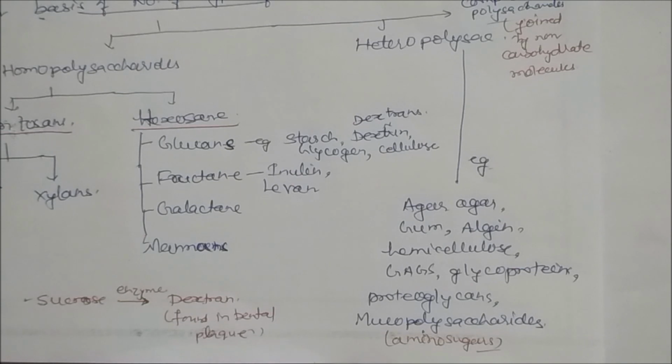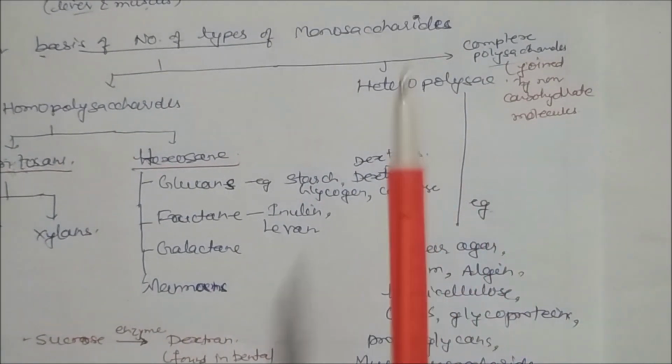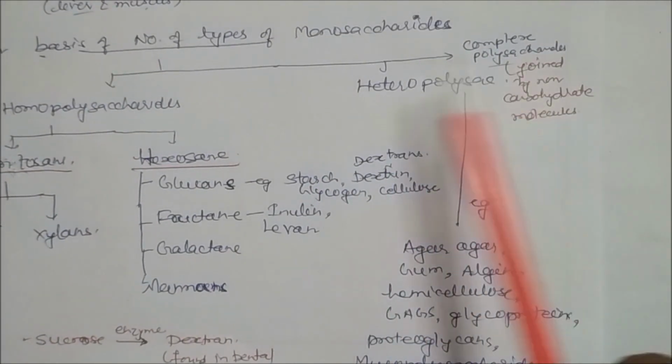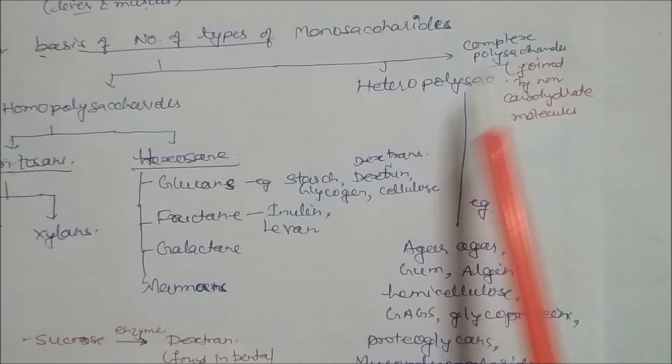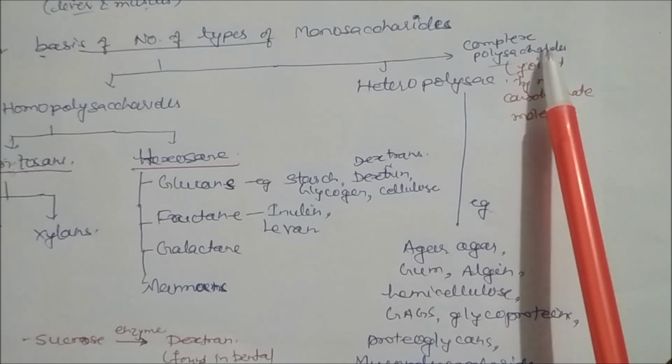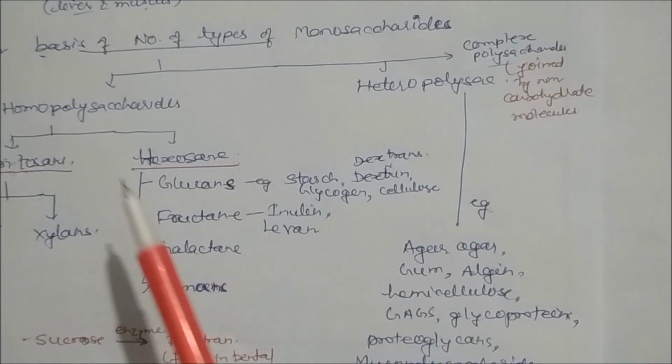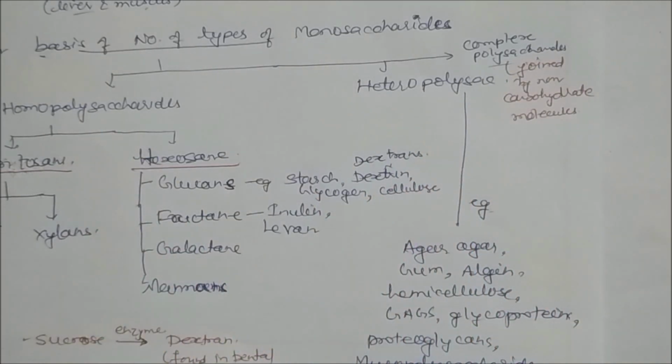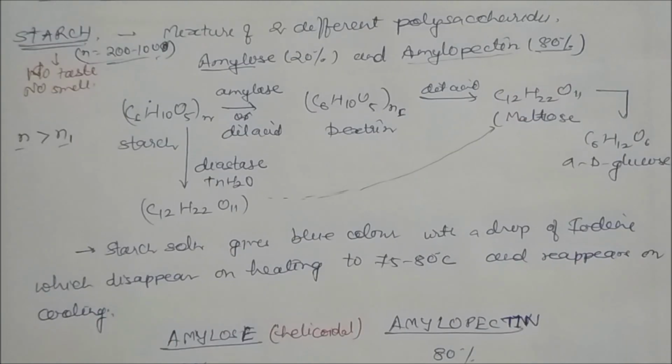The third type is complex polysaccharides, apart from homo and hetero, which are joined by a non-carbohydrate molecule. This is not that important, so we will take only homopolysaccharides and heteropolysaccharides in our syllabus.